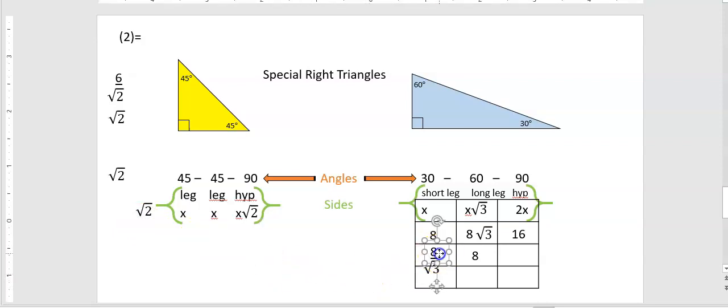All right, and I've already told you that there's a rule that says you do not want to leave a square root in your denominator. So you have to take the problem off to the side to do the work. I need to multiply the top and bottom by square root of 3. Whatever the square root is in the denominator, that's what you multiply both top and bottom by.